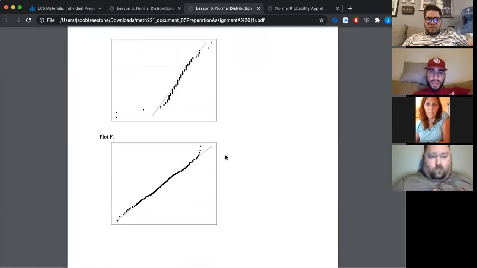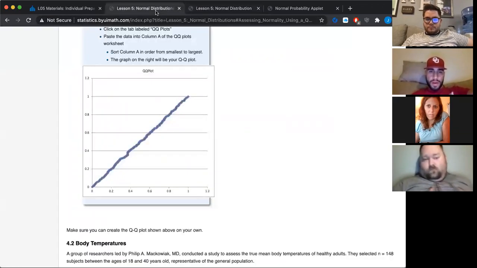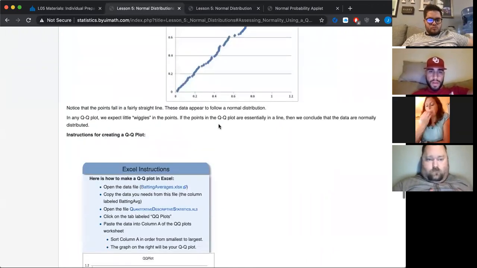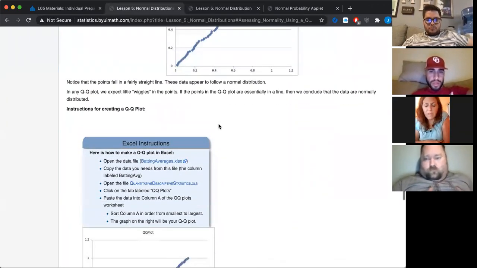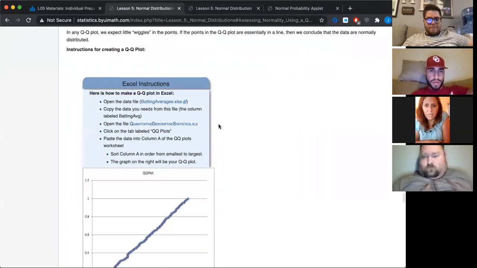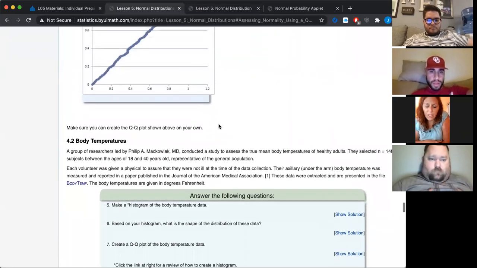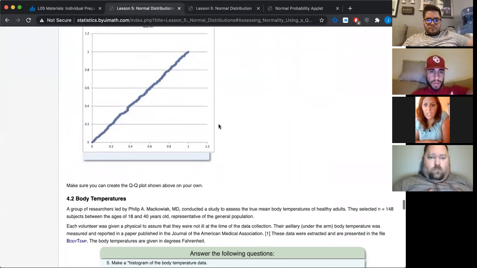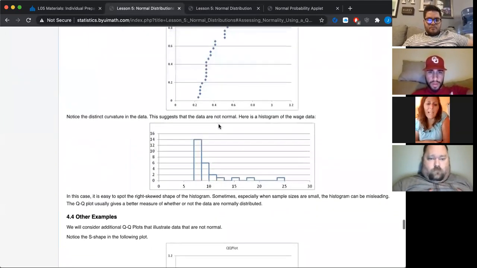Does it say anything in the textbook about the consistency, like if it's constant or not? As far as the QQ plot? It didn't use the word constant, it just talked about normal or not normal, and that it would follow a straight line.